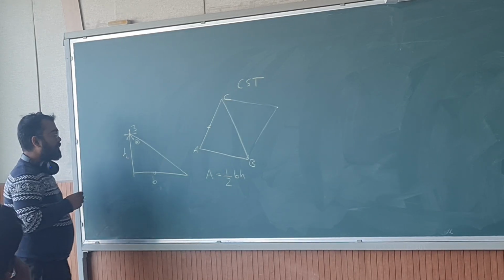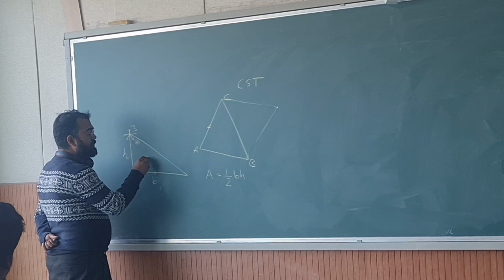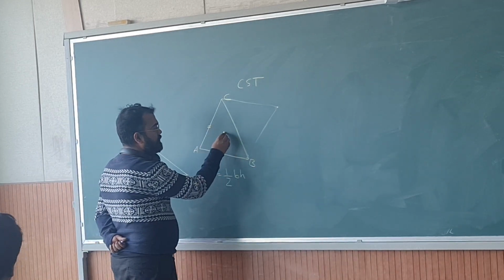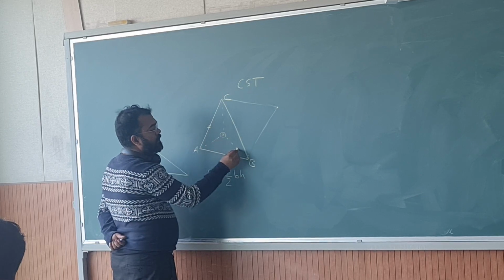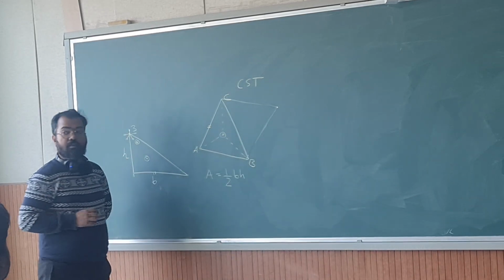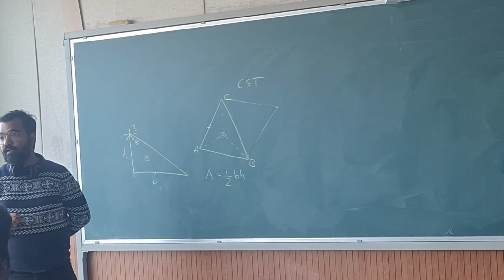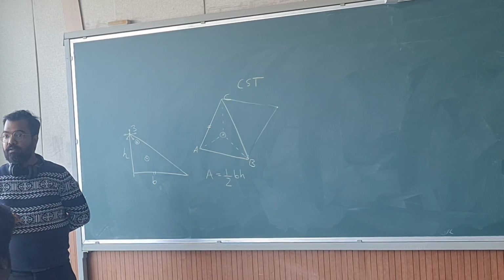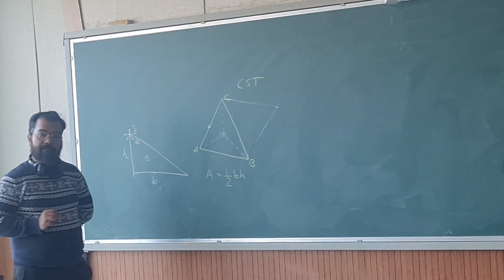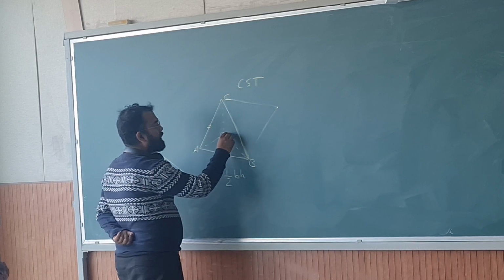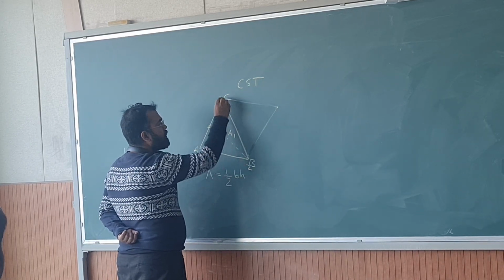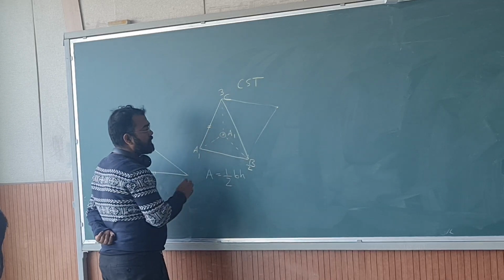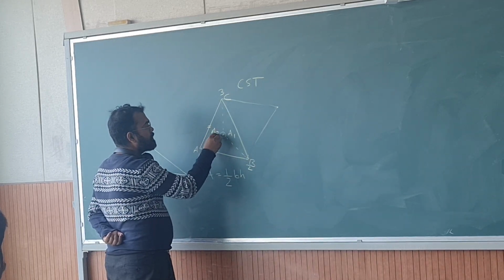Any point within this triangle will be defined by some combination of the areas formed by this point. So now I have A1, A2 and A3: this is node 1, this is 2, this is 3, so this is A1, this is A2, and this is A3.